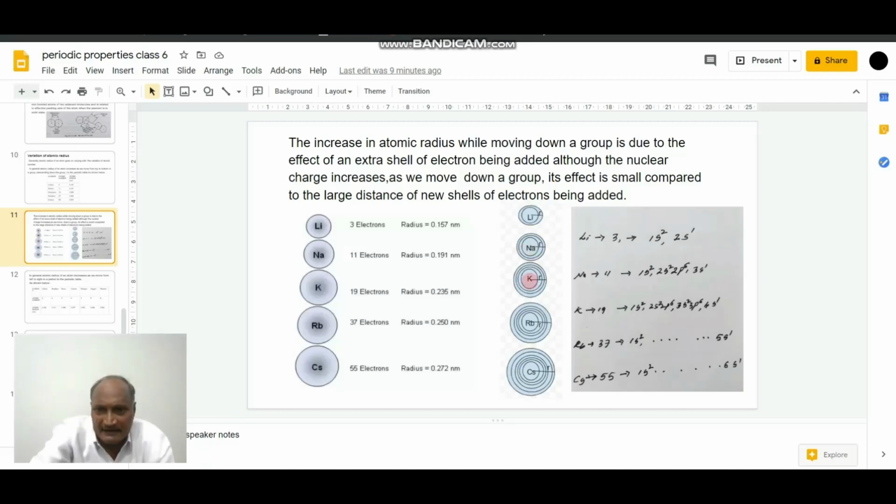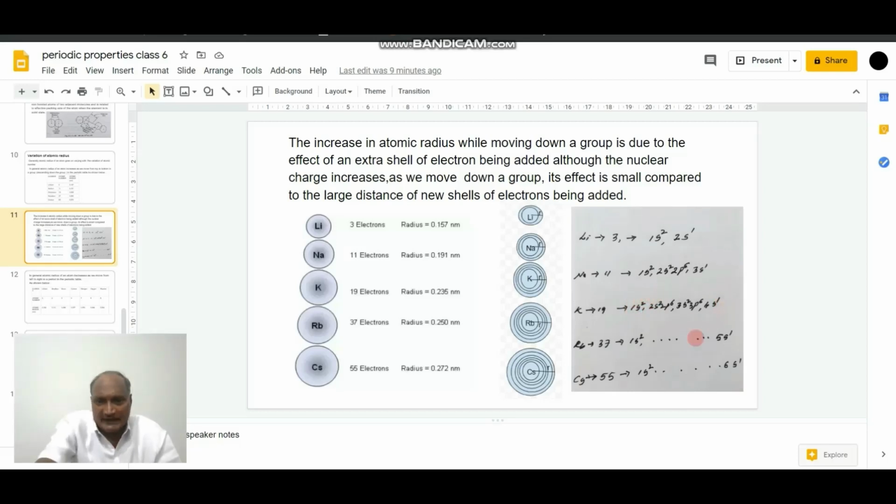Likewise, when we come to the third element, potassium, having atomic number 19, the configuration is 1s2, 2s2, 2p6, 3s2, 3p6, and 4s1.